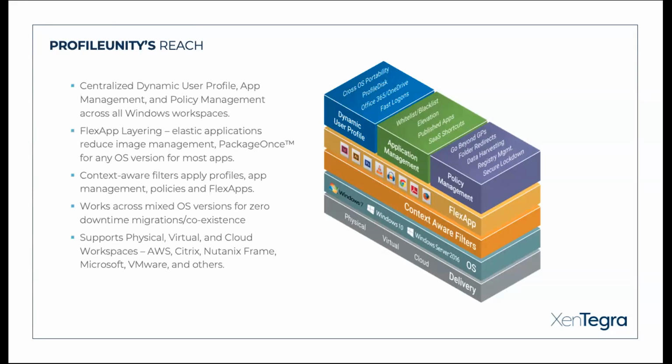So imagine I have a virtual desktop that you're presenting to your users, and I only want to layer in the finance application if their endpoint is connecting from the internal network on Monday afternoons, for this specific group. You can do that, right? That is one of the benefits of their context-aware filters. And again, Profile Unity works across mixed operating systems, and just like FlexApp, it supports your virtual, your cloud-based workspaces, and physical machines.